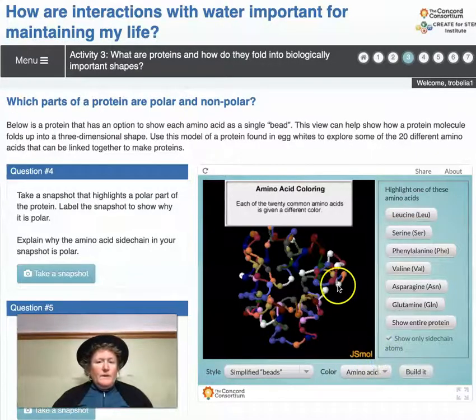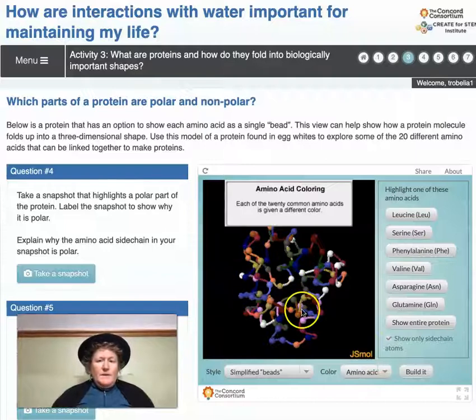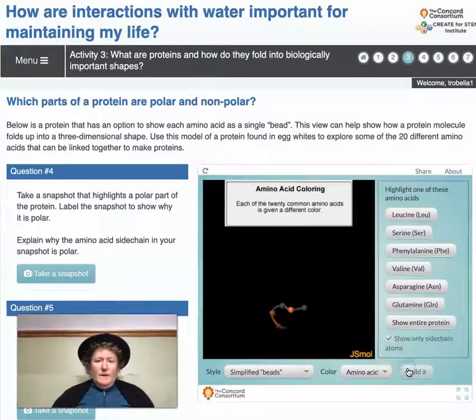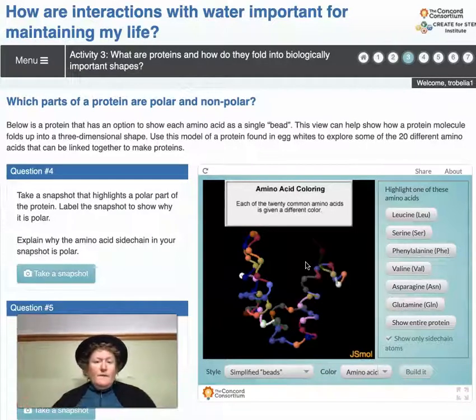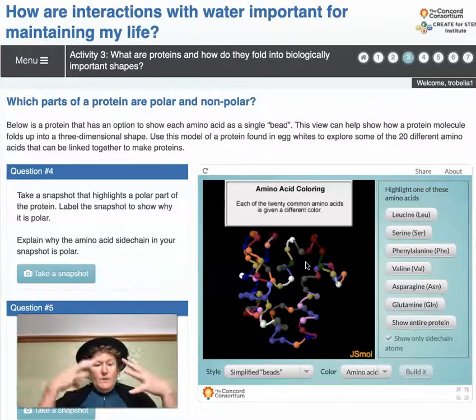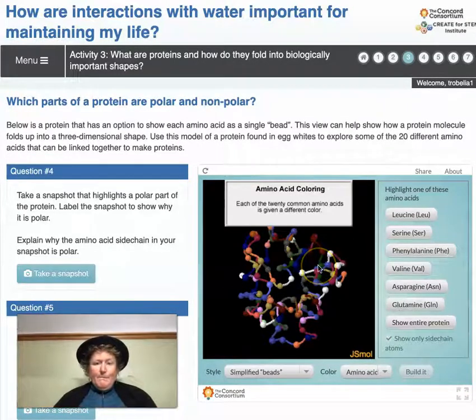And we can color it to see the different amino acids that are coming together. Those 20 different amino acids, there's 20 different colors here that are being put together to create the primary structure of the protein. Pretty cool, huh?